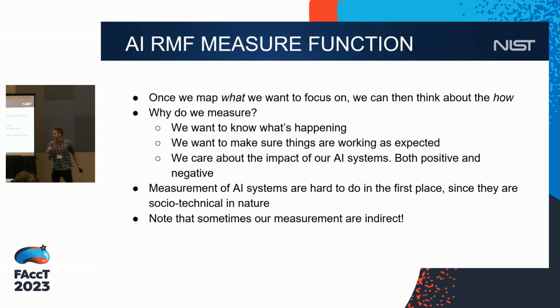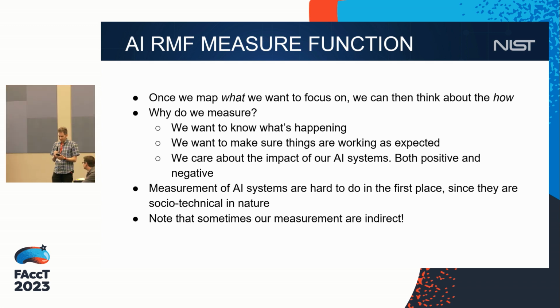Perfect. So thank you. Now that we have mapped our risks, we want to measure them. And of course, I hope I don't have to convince you about this, but hopefully we all agree that measures are nothing without context. So it's really important to contextualize the numbers, the things we are measuring, in the broader system. Once we start measuring things, another very important thing to do is to document what we are not able to measure at that time.